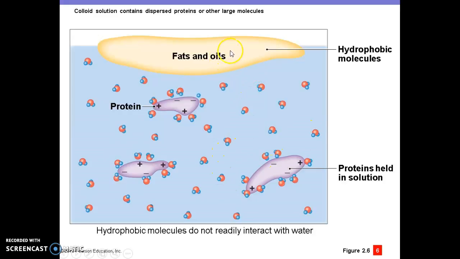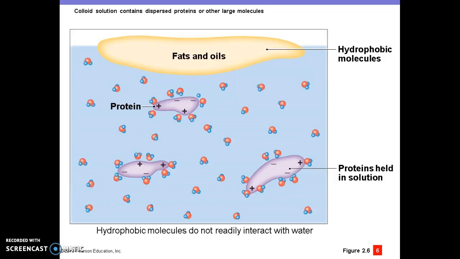Fats and oils are different from some other compounds. We eat fats and oils in our diet, and so they're going through our intestinal cells into our bloodstream, and they can't do that alone. Fats and oils don't mix in water. They will separate out. So we have to have our fats and oils transported by special molecules.